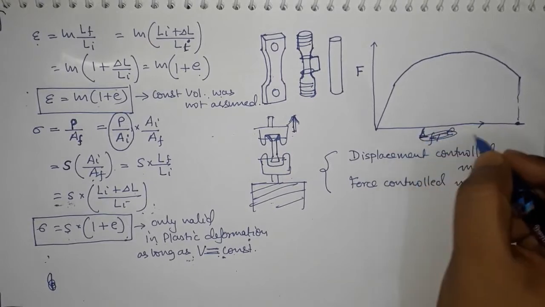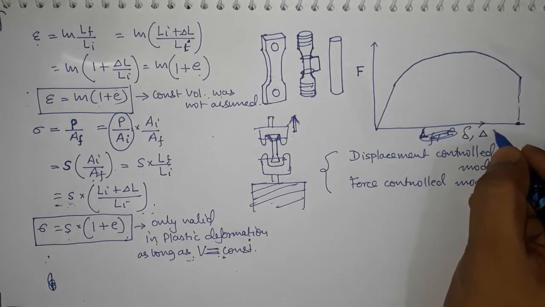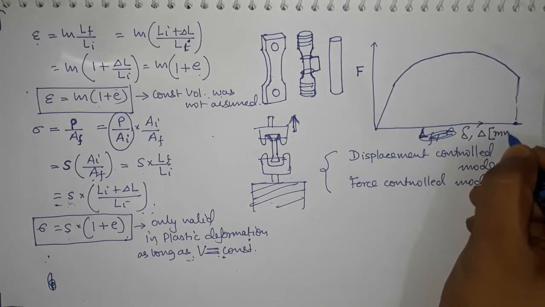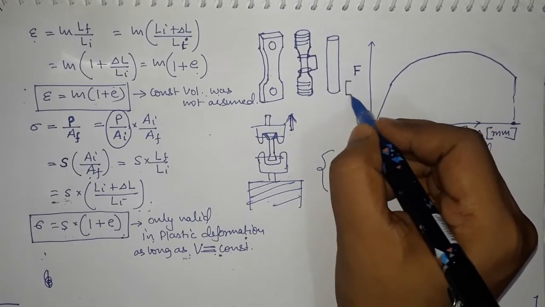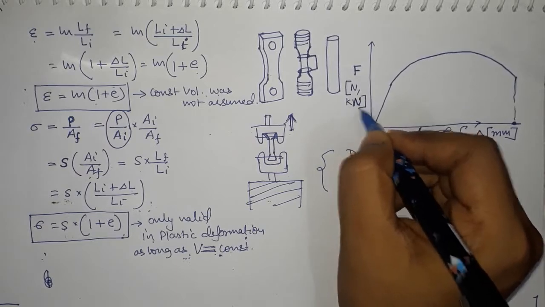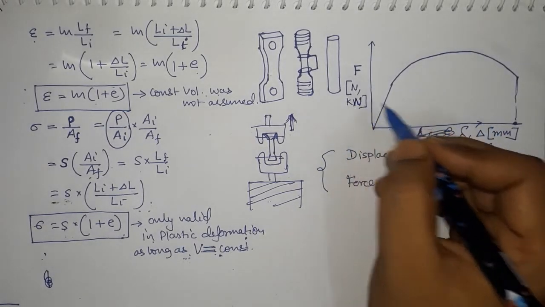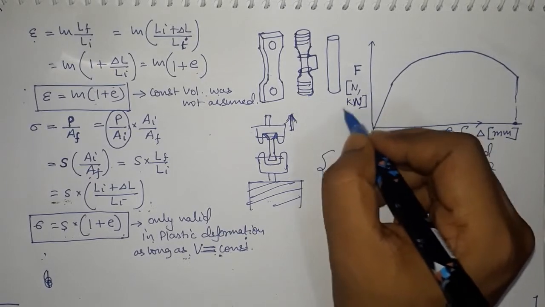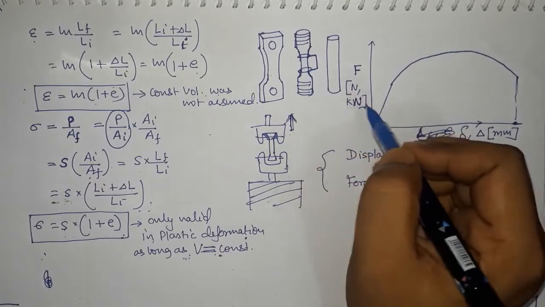That can be represented either by delta, like this symbol or this symbol, and it can have a unit of millimeters, and the force can have a unit of Newton or kilonewton depending upon the material. So if you are testing a metallic material, usually steels, then this force will be in the range of kilonewton, again depending upon the size of the specimen.